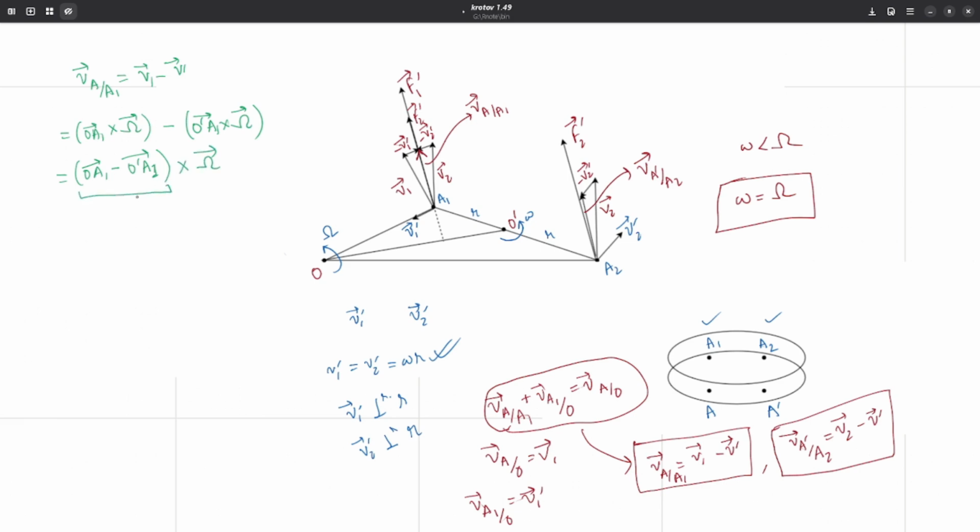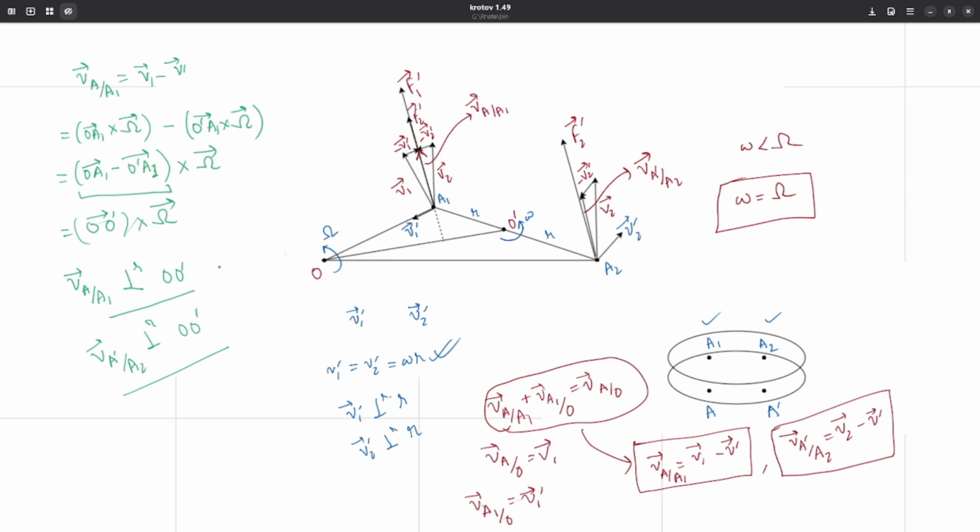And this position vector is nothing but OO prime cross capital Omega. Therefore, VA with respect to A1 is perpendicular to OO prime. So VA prime with respect to A2 is always perpendicular to OO prime as well.